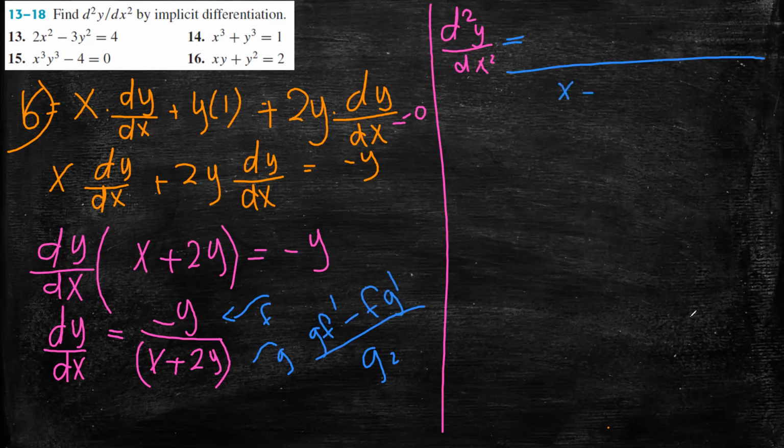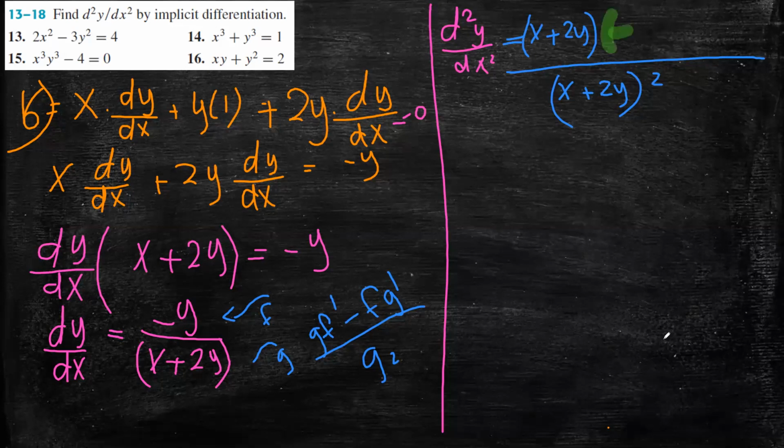It is x plus 2y squared. Now let's write it up. x plus 2y times f prime. What is the derivative of f? Negative 1 times dy over dx. Then minus f, which is negative y.